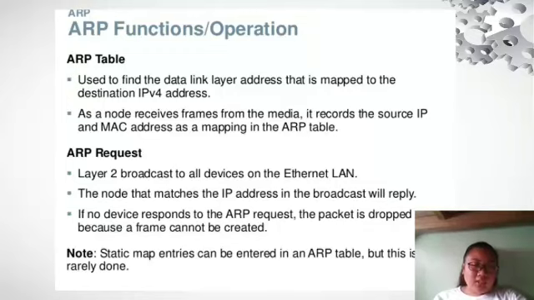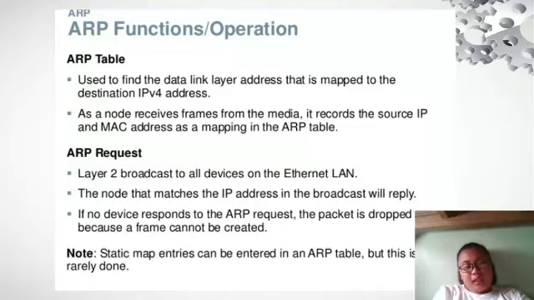ARP functions or operation. The ARP table is used to find the data link layer address that is mapped to the destination IPv4 address. As a node receives frames from the media, it records the source IP and MAC address as a mapping in the ARP table. An ARP request is broadcast to all devices on the Ethernet LAN.